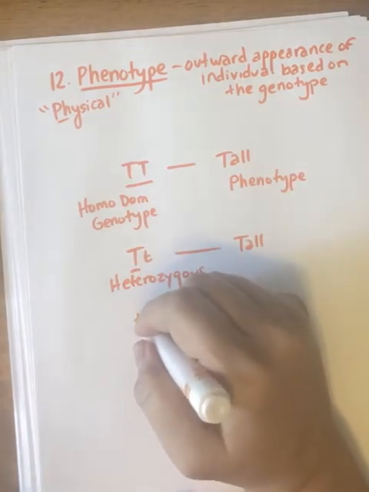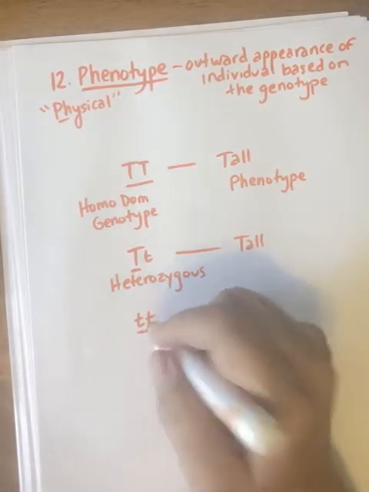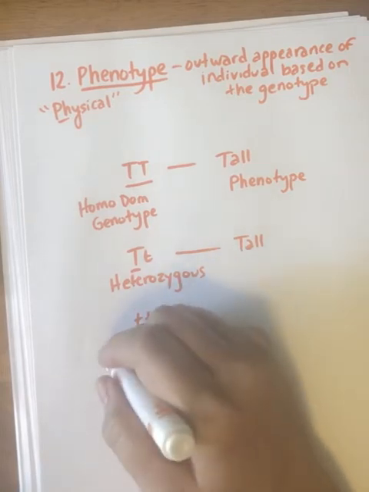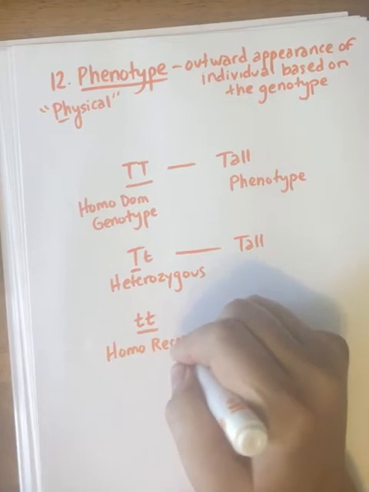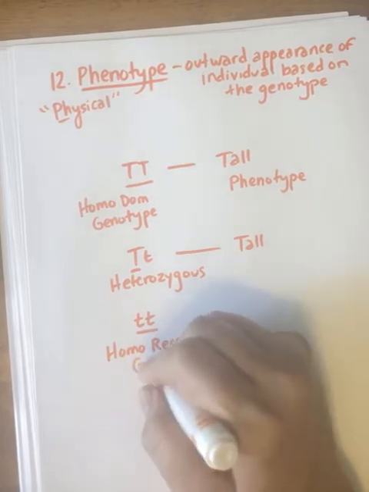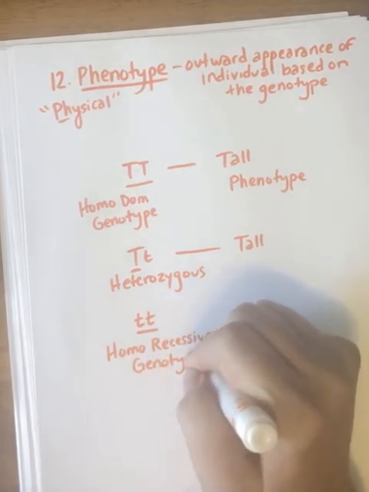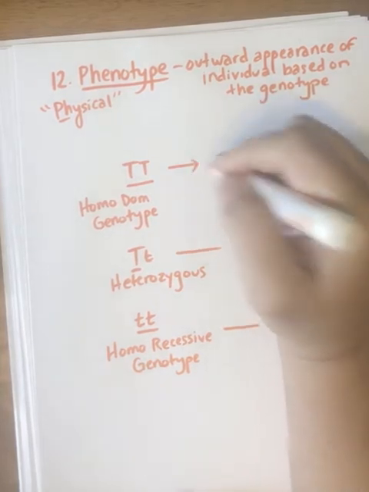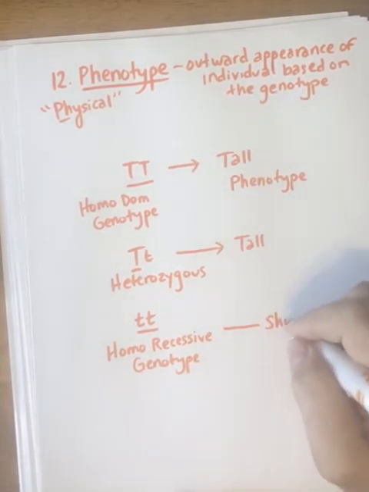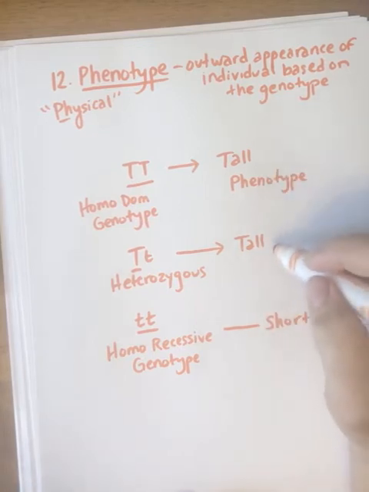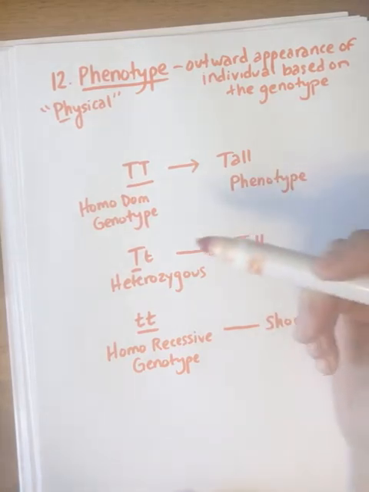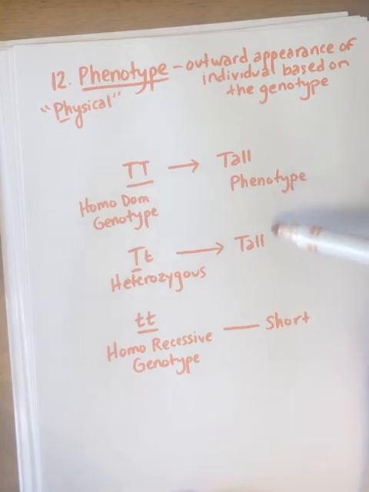But if you have two little letters, you're called homozygous recessive genotype, but your physical appearance is short. You're a short plant. That is your phenotype. So you have to look at your genotypes to figure out your phenotypes.